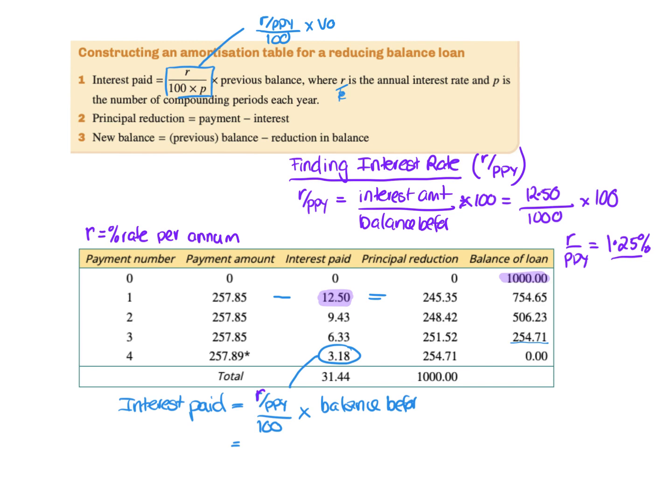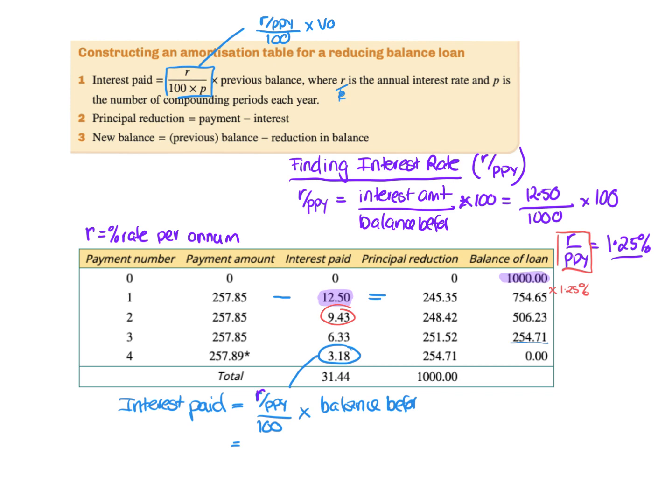But in an amortisation table, they're using this rate every time. So what you're seeing is that they times this by 1.25%, and they end up with $9.43, okay? So that's how it's working.